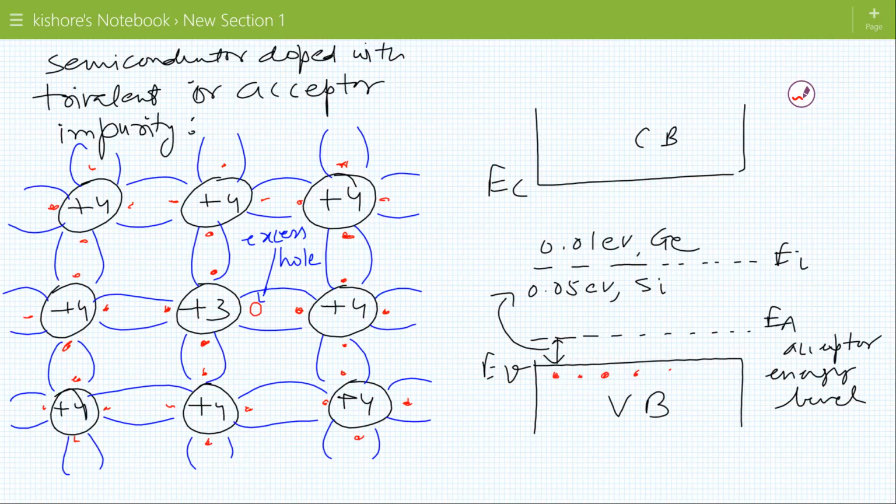These valence electrons in the valence band can easily jump to the acceptor energy level, and while doing so they will create holes in the valence band.